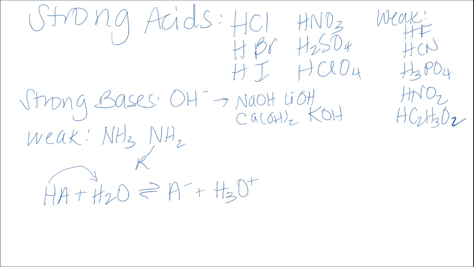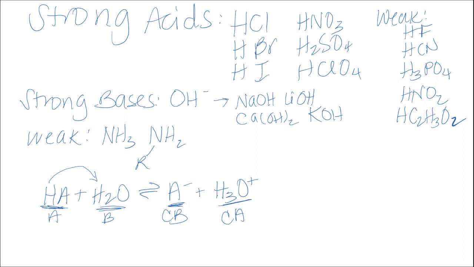Okay, so now for identifying this, since this one was the donor, and this is the acceptor, he's got to be the acid, he's got to be the base. On the other side now, since A- was actually part of the acid in the beginning, now he's the conjugate base, and H3O+ is your conjugate acid.